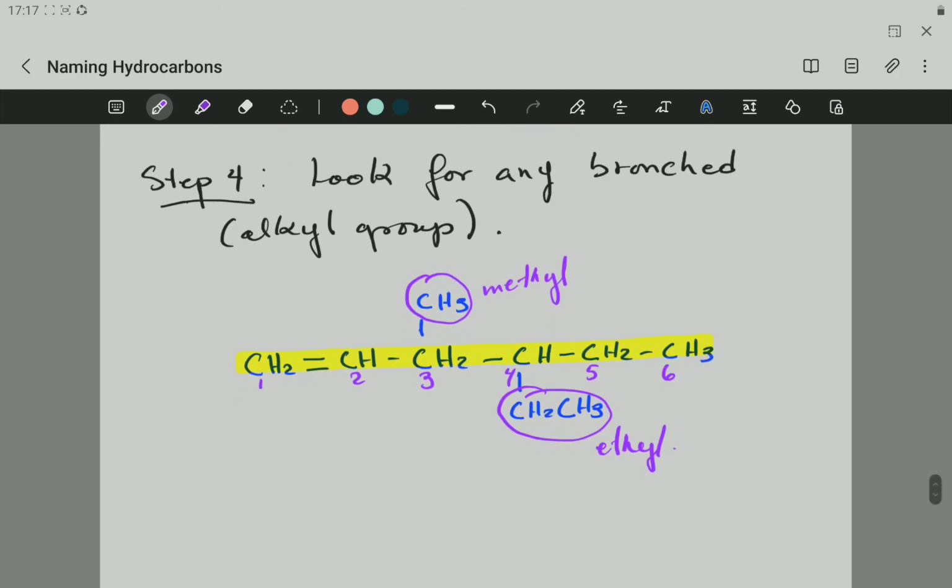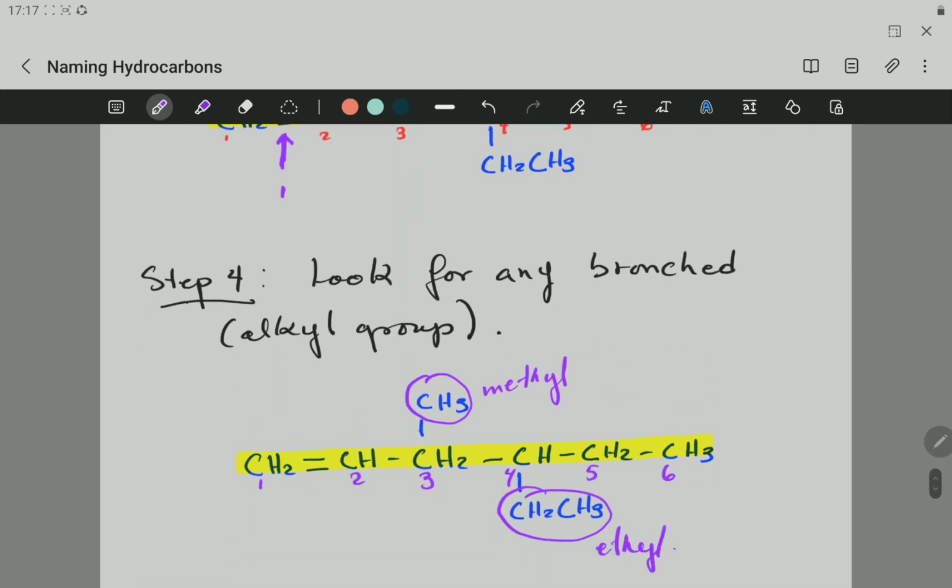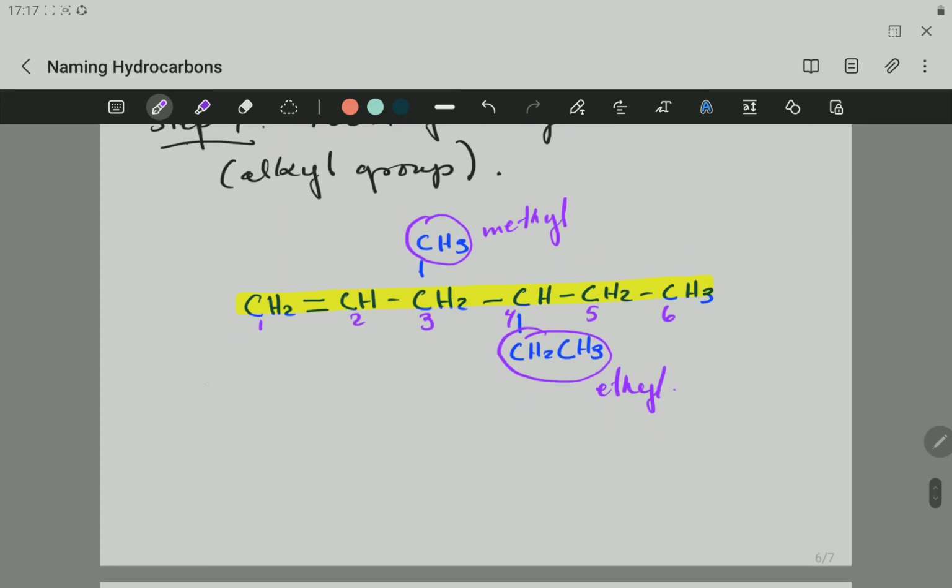So what information do we have up until here? Let's go back. We have 1-ene, we have hex, we have in carbon 3 a methyl, and we have in carbon 4 an ethyl. This is all the information we have up until now.